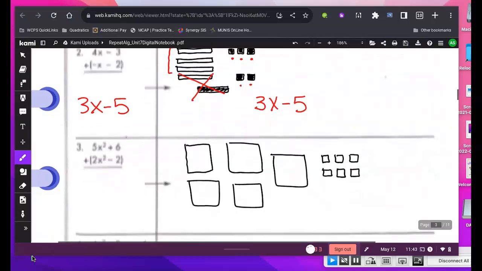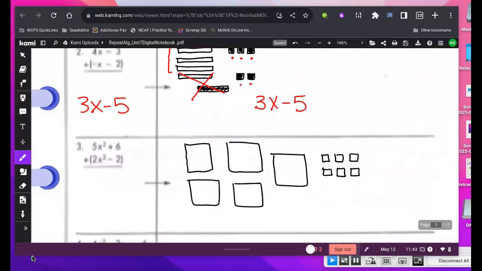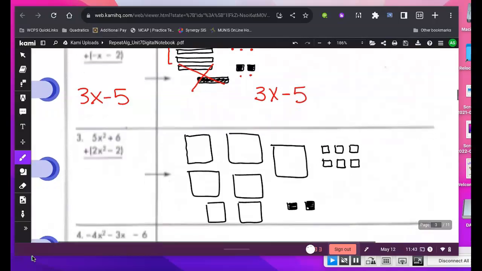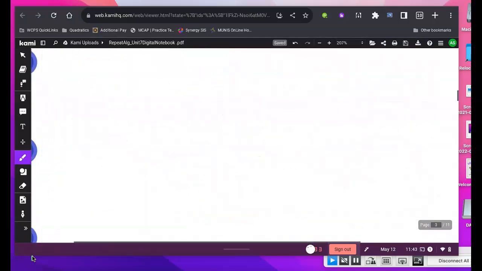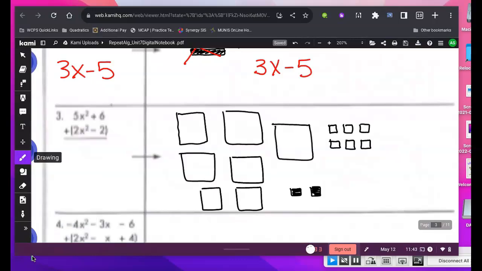And then I'm adding that to 2x to the second power. So I have 2 more big blocks of x to the second power. And then minus 2. So I have 2 little negative tiles. So do I have any negative big x squared tiles to cancel out? No, so I just count how many positives I have. I have 1, 2, 3, 4, 5, 6, 7 positive x squareds.